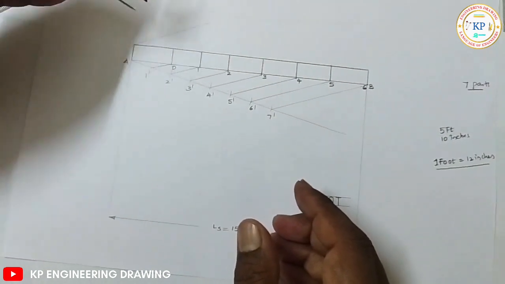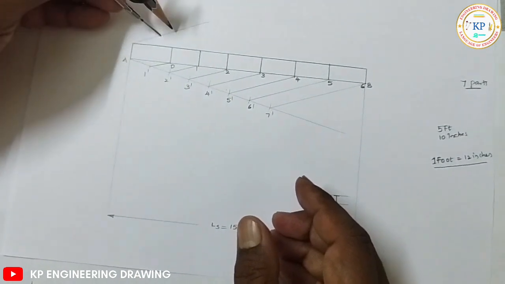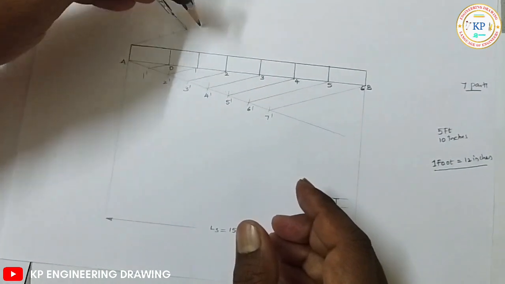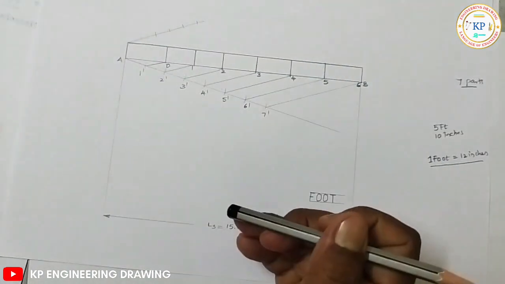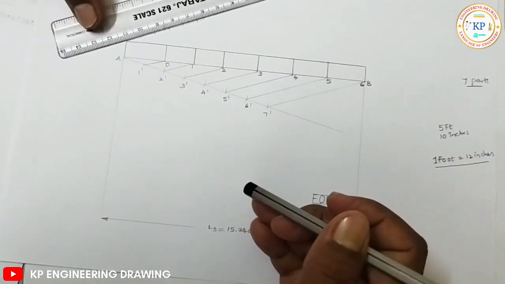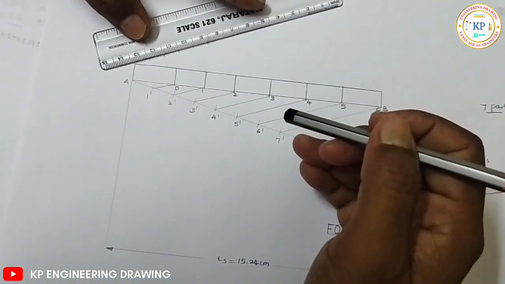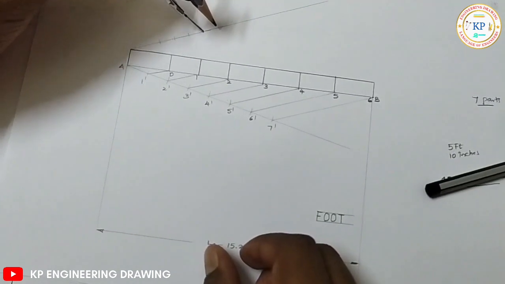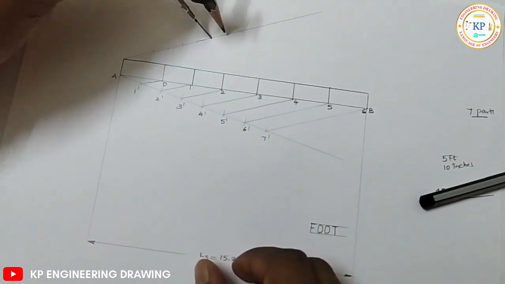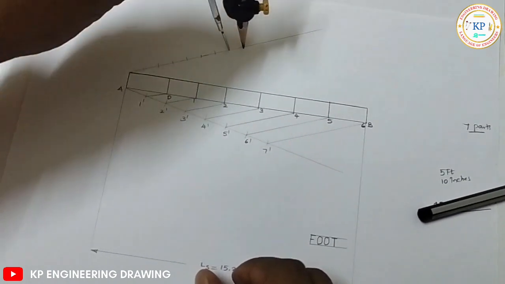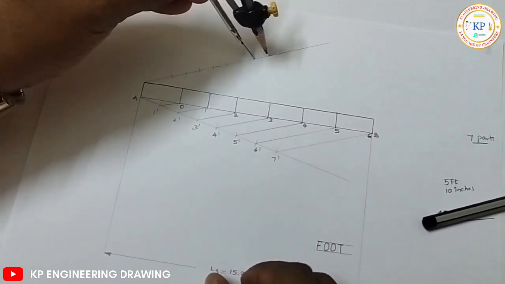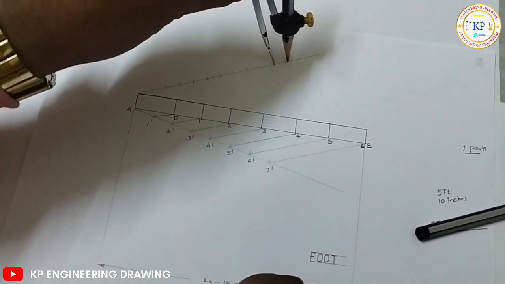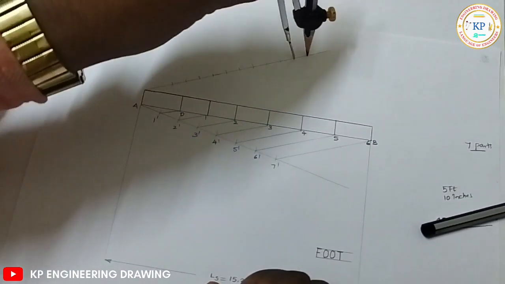So 1, 2, 3, 4, 5, 6 with the same radius, 6, 7, 8, 9, 10, 11 and 12.